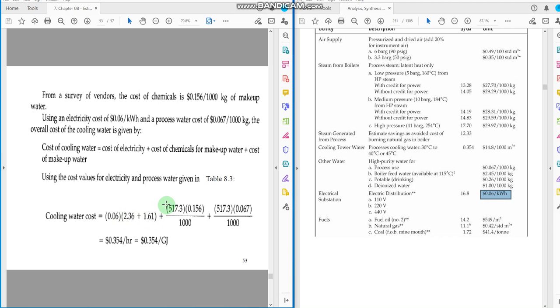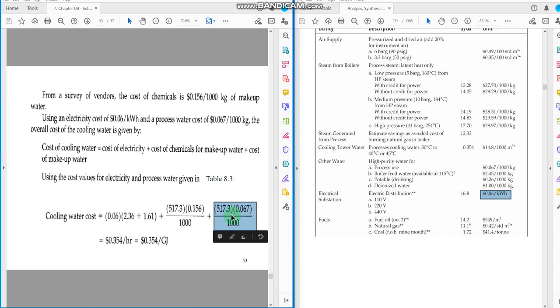On the right hand side, 517 represents the total amount of water that is going in as makeup water. You multiply this term with the cost of chemicals, 0.156, which comes from the literature. Then you have the cost of the water that you are adding to the system.